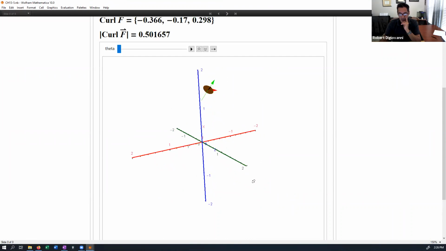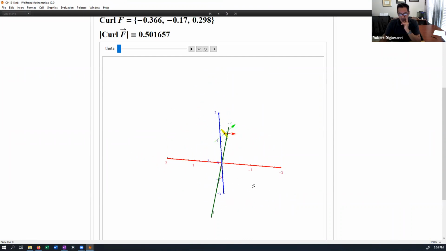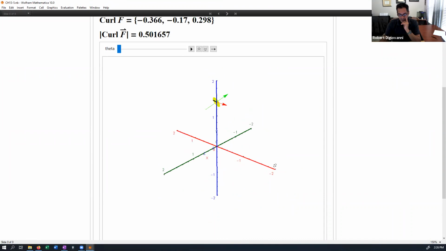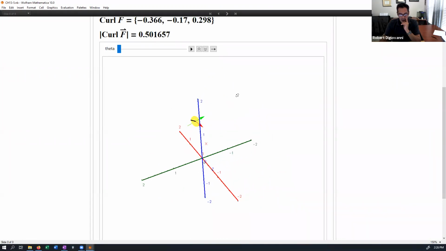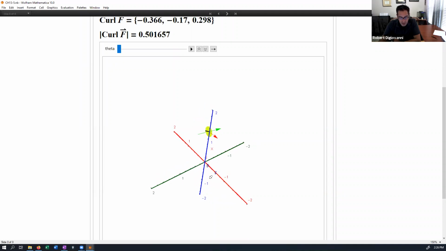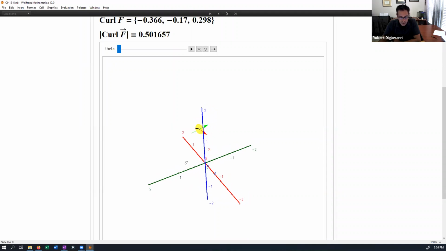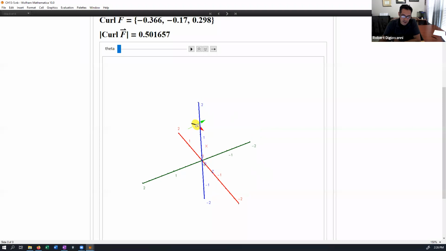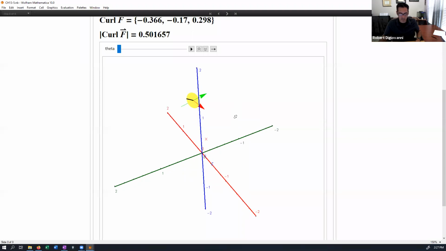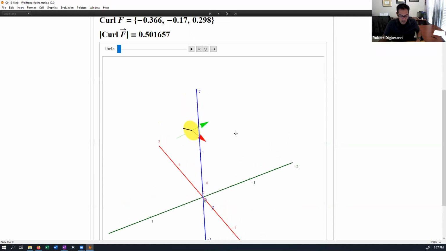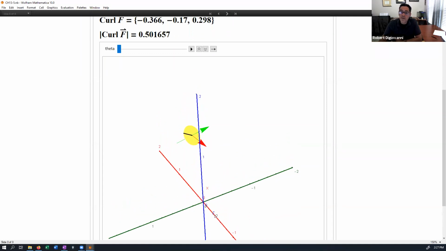So I'm showing you here in this 3-dimensional picture a point in space, and the red vector represents the vector field.